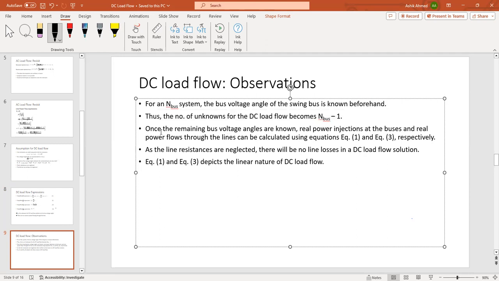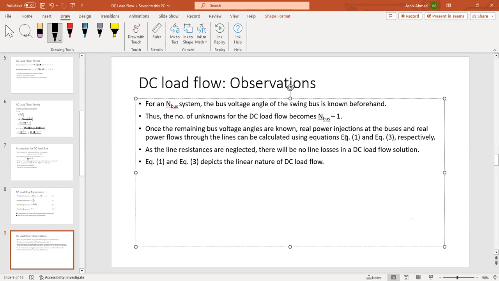Now, once we know the remaining bus voltage angles, meaning other than the swing bus voltage angle, because that is already known, if through the solution of the DC load flow algorithm we can find the remaining bus voltage angles, then we can find the other unknowns like the real power injection at a bus, that is Pi, and the real power flow through the lines, those are Pij.